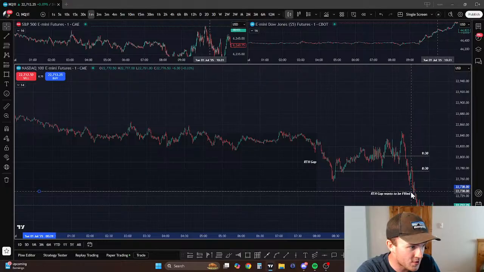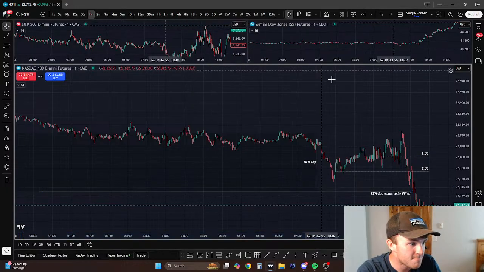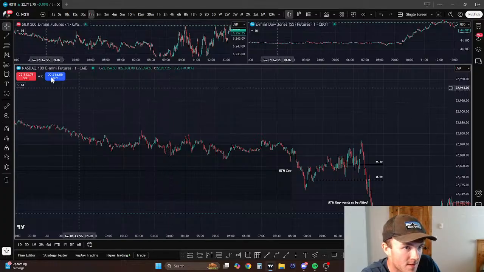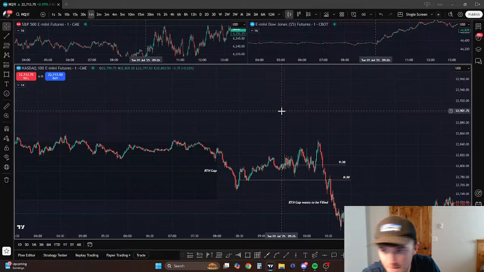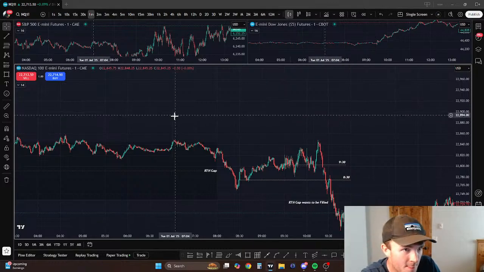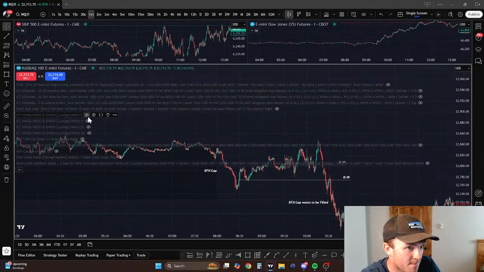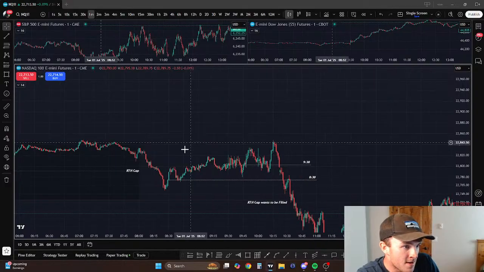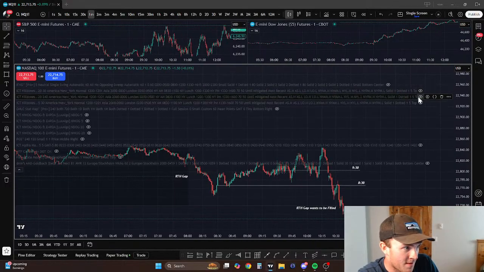So I knew this was the draw on liquidity, and I knew we were expanding lower. Oh, and then I also want to mark out midnight.